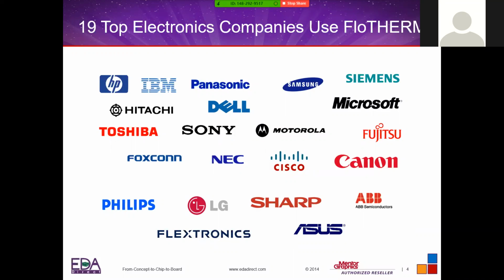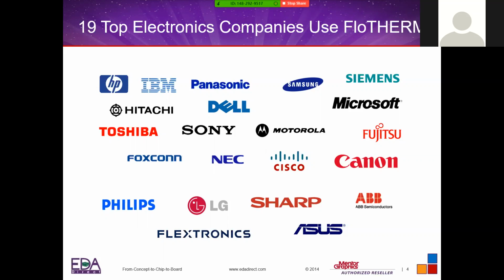So who are the companies out there that use FloTHERM for electronic system cooling analysis, thermal analysis? This is just a short list to show you many of the major companies out there. You can see big system server guys, networking guys, consumer products, even some of the manufacturing computers.